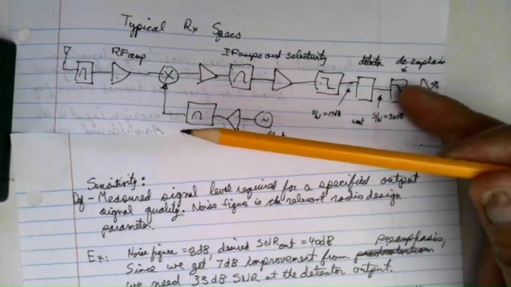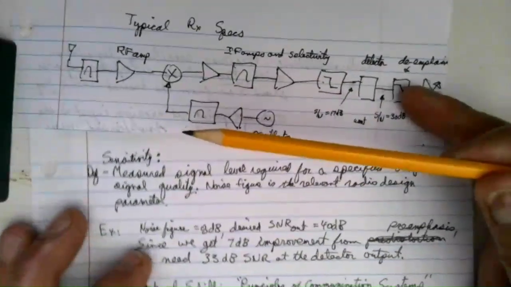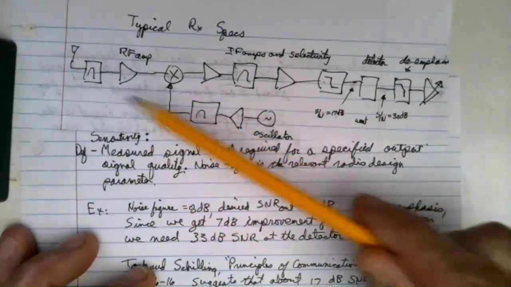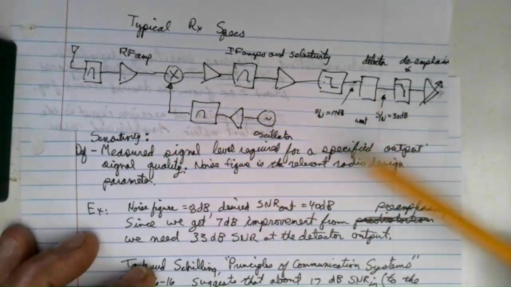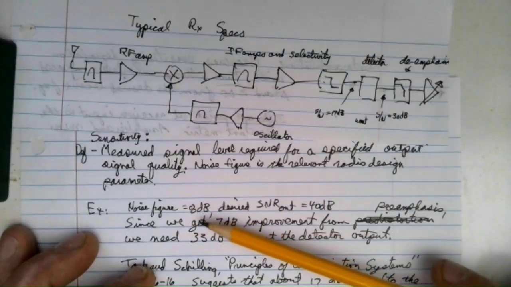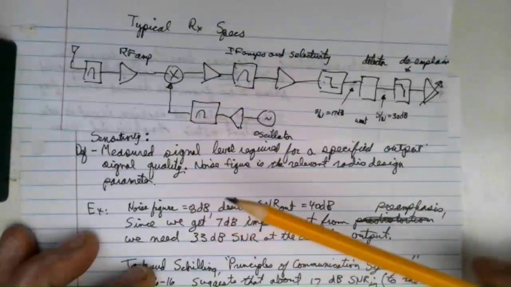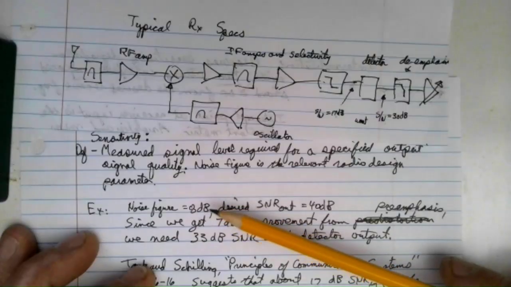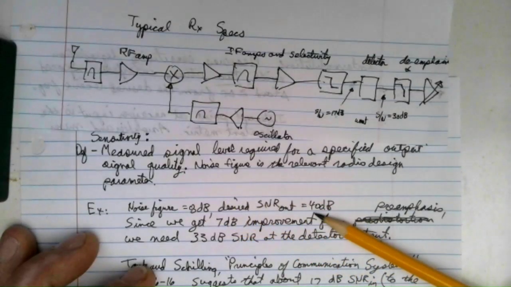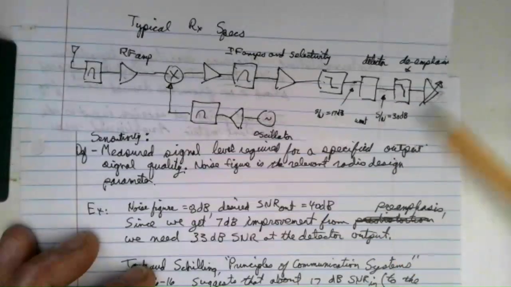So for an example, let's suppose that we have calculated our system noise figure for our entire lineup here, and it's 8 dB. Not super great, but not super horrible either, I guess. 8 dB noise figure, and we want an SNR at the output here of 40 dB, which is pretty good.